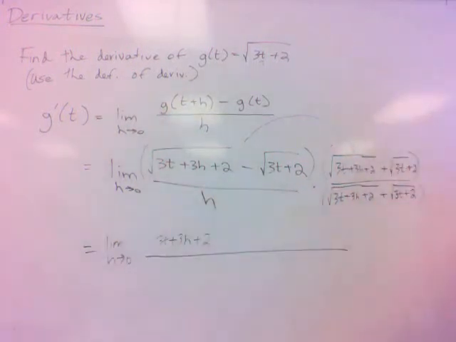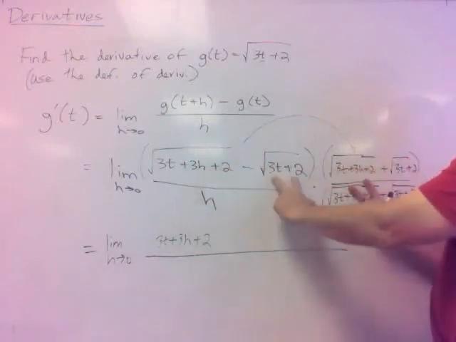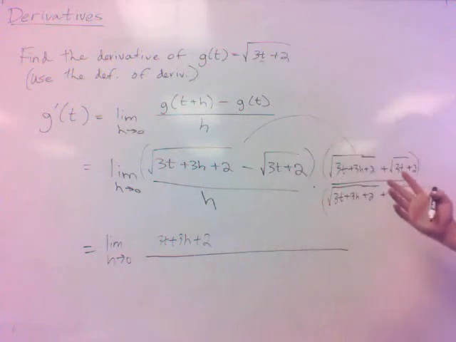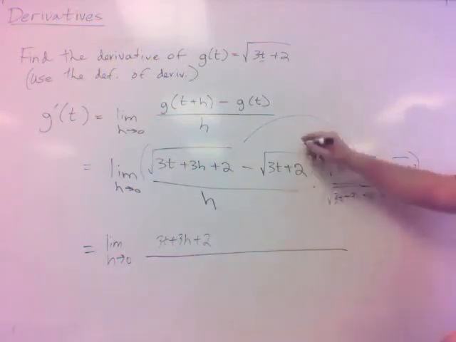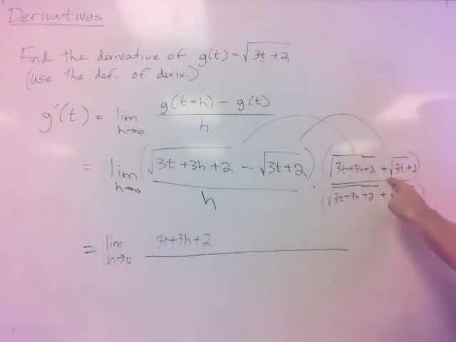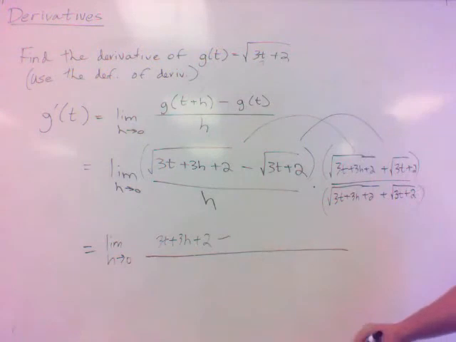Now when I multiply this square root by the one on the end and then the middle two, what happens? They cancel out. So I'm not going to write those. You can if you want, but they will cancel out. And then that'll leave me that times the minus square root of 3t plus 2 times the positive square root of 3t plus 2. Well, that'll make a minus 3t plus 2.